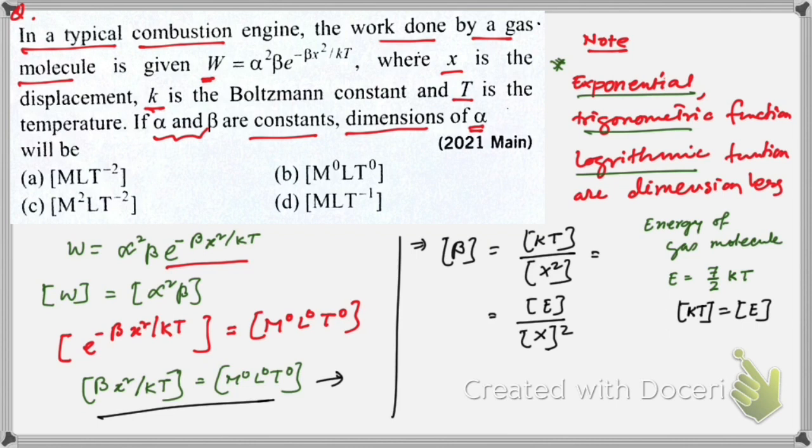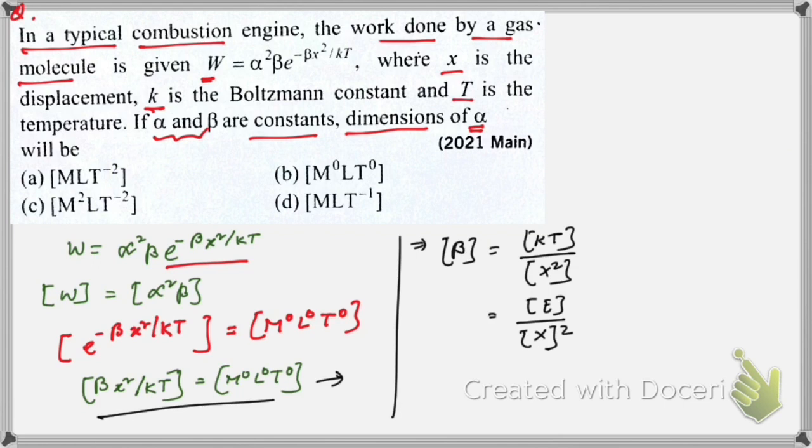So if you have taken the notes, let me clean this part. Just pause the video and note these things. These are very important things, right? So here you see the dimensional formula of beta. We know that the dimensional formula of energy is force into displacement.